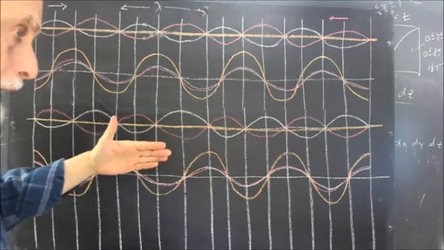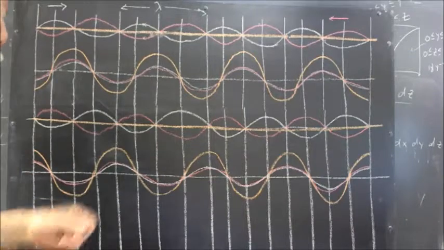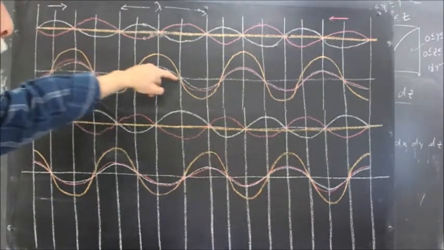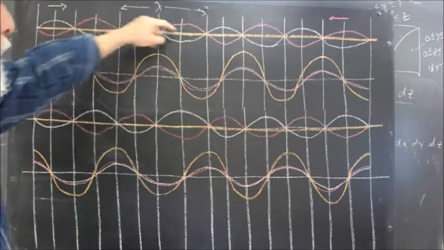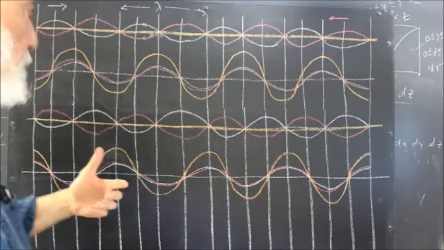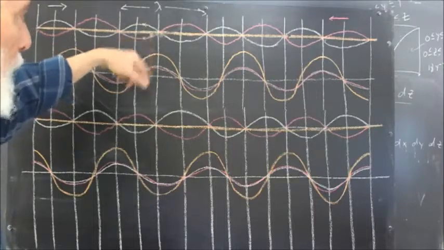Hopefully you can see how that mimics what we just saw with the so-called string. And the ends are nodes. The ends have no displacement, and we call a point that has no displacement on a wave a node. And in the middle, we have an antinode, a point where you have maximum displacement.